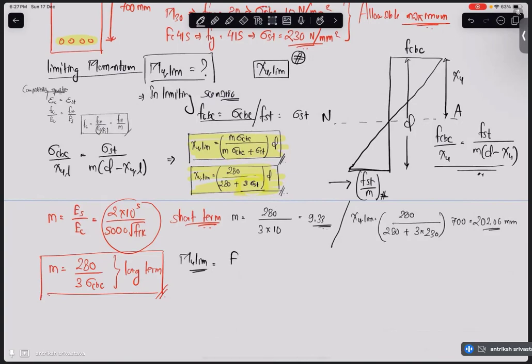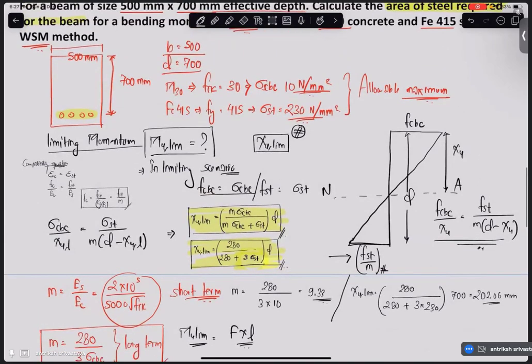We calculate force into lever arm, right? So if you look at this particular force stress diagram, you see that the centroid is going to be from the maximum stress side 2 by 3 xu, correct? So this particular lever arm in this case is going to be this particular length, and that is d minus xu by 3, correct?